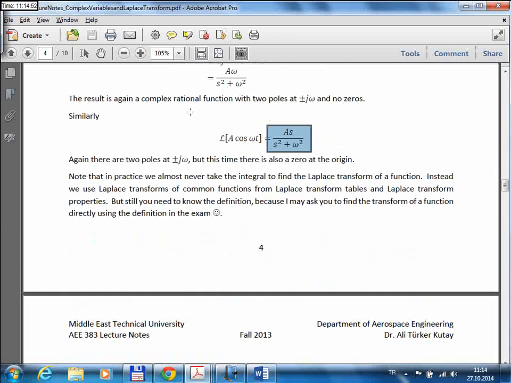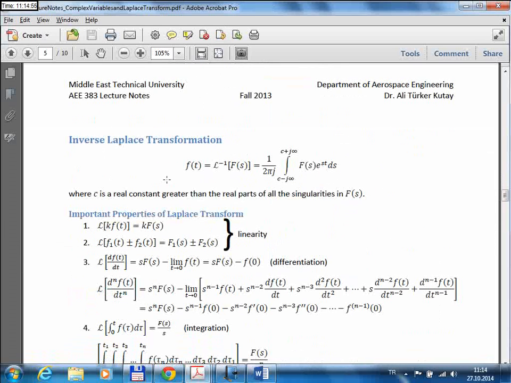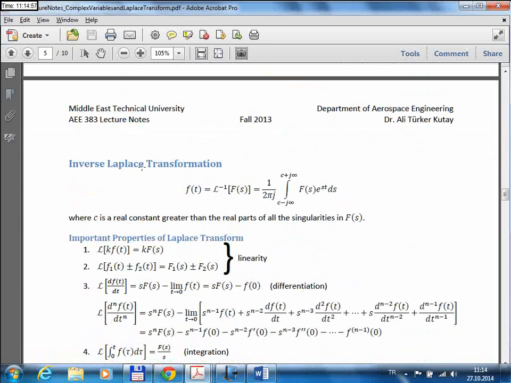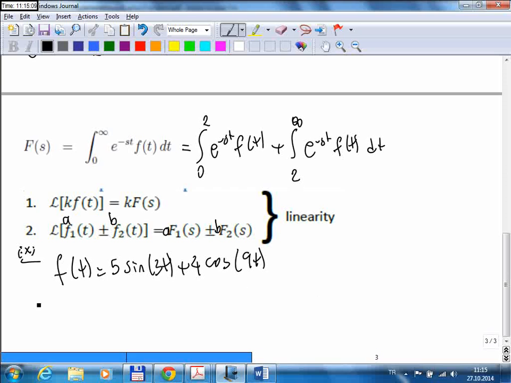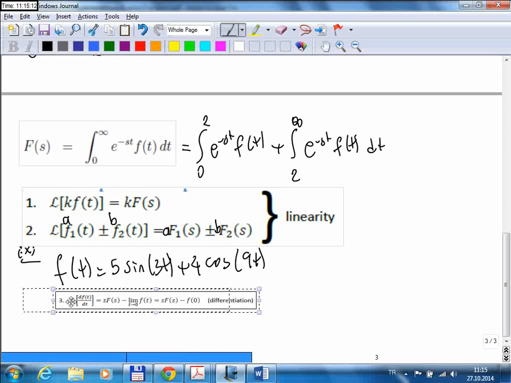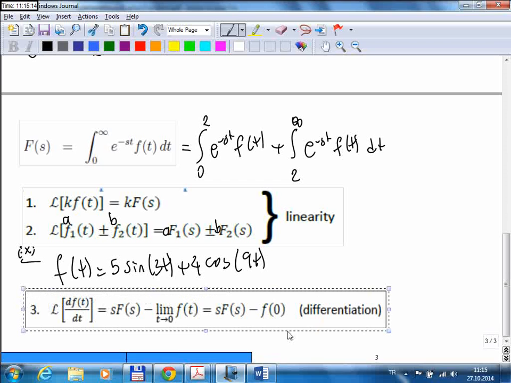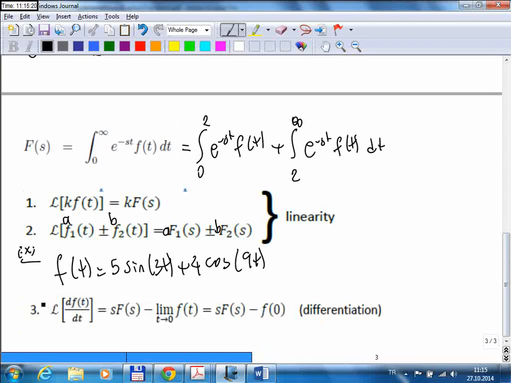Okay, so let's see what other properties we have here. This is a very useful one: the differentiation property. With the help of this property, we can turn differential equations into algebraic equations, because this property says that if you want to take the transform of the derivative of a function, it is sufficient if you know the transformation of the original function.